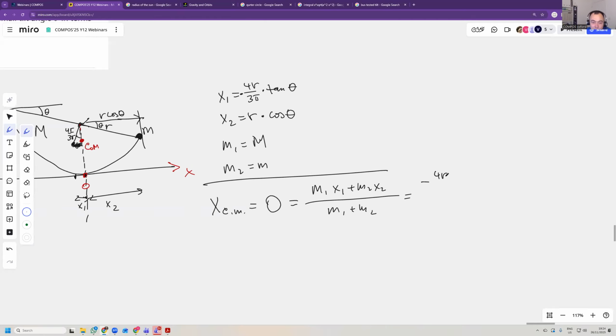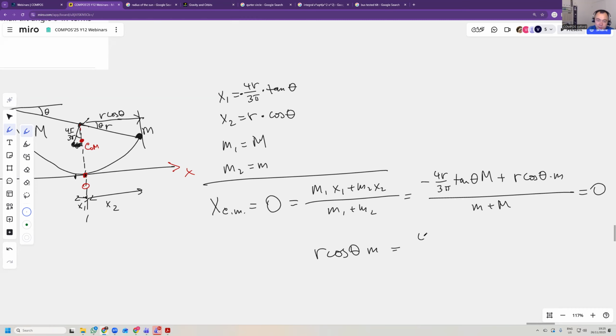So it's minus 4r over 3 pi tan theta multiplied by m, plus r cos theta multiplied by small m, all over m plus m, and that must equal 0. Therefore, r cos theta m is 4r over 3 pi tan theta m. R cancels.